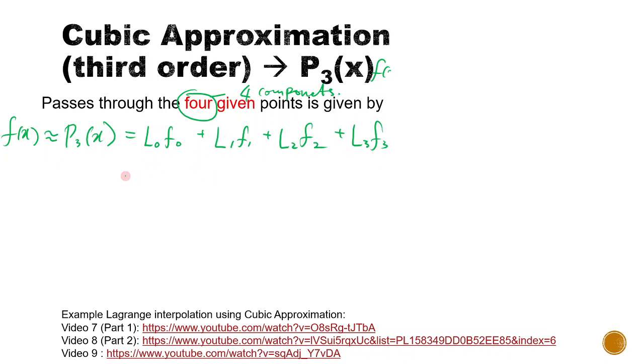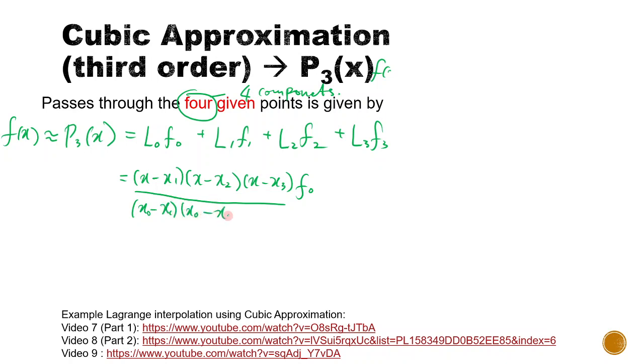Okay, so for the L, the formula will be longer. Please remember that there should be no x0 in the first component: x minus x1, x minus x2, x minus x3, because we have only up to 3. And then below, x0 minus x1, x0 minus x2, x0 minus x3, for the first component.